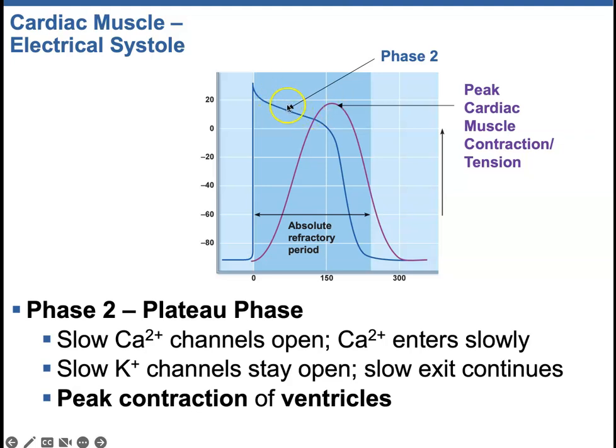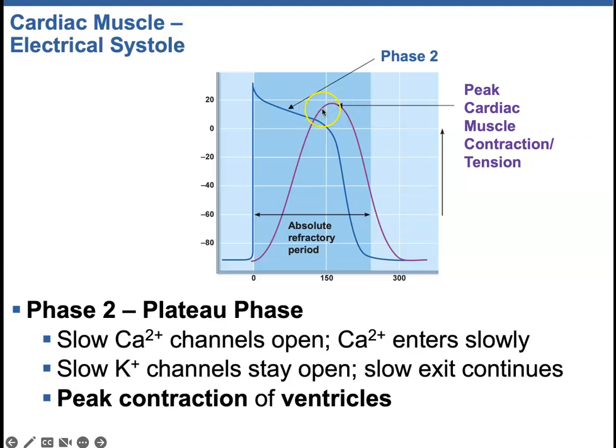If we didn't have this, where the calcium channels are continuing to open and that cardiac muscle cell has that calcium attaching to the troponin and moving the tropomyosin out of the way so the head of the myosin can click onto the actin and start doing its thing, we need this right here to happen in phase 2. So this is that plateau phase, right? And this is also where you have that peak cardiac contraction of the muscle.